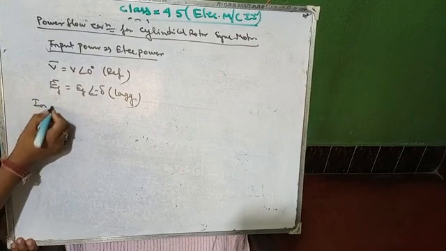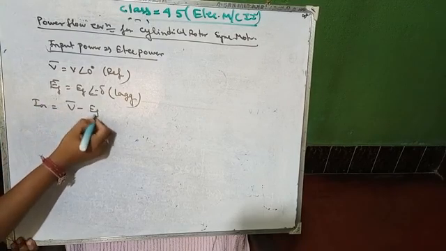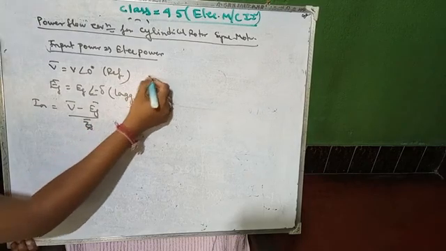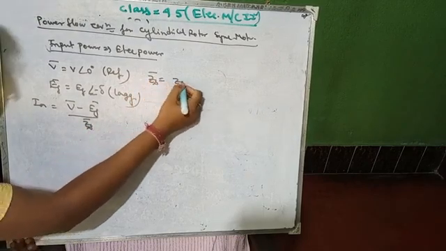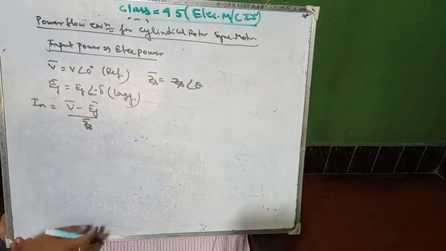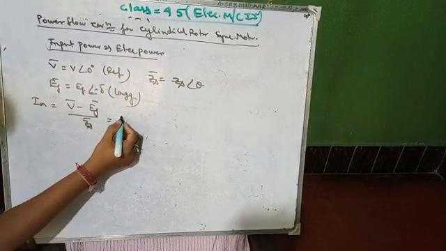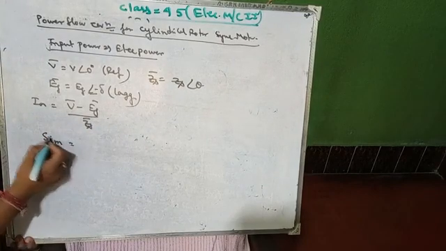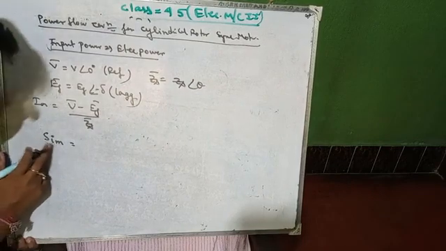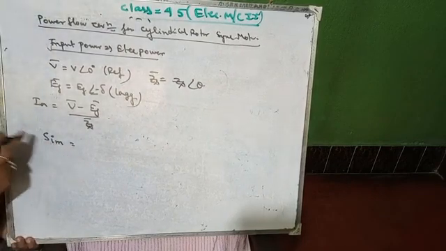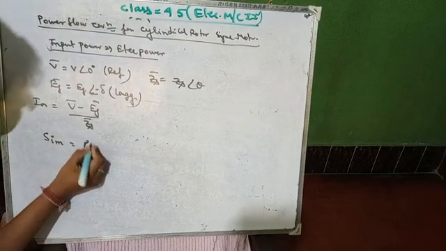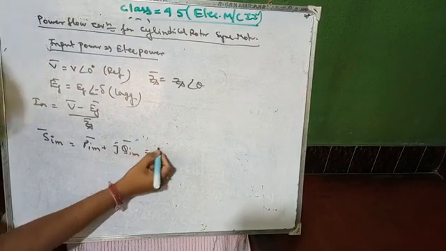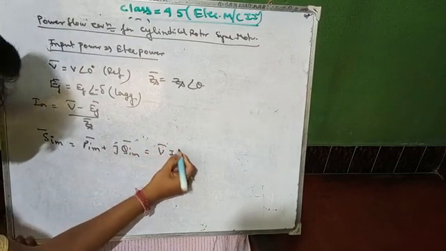Okay, so IA equals what? IA equals V phase minus EF phase divided by ZS phase. Okay, and ZS equals the synchronous impedance, that is ZS angle theta. So if we calculate the power, that is SIM, the input complex power for the motor, it will equal PIM plus jQIM, which equals V into IA star.